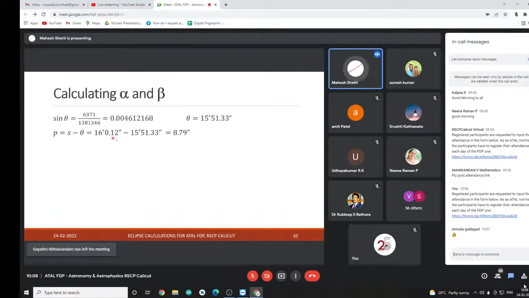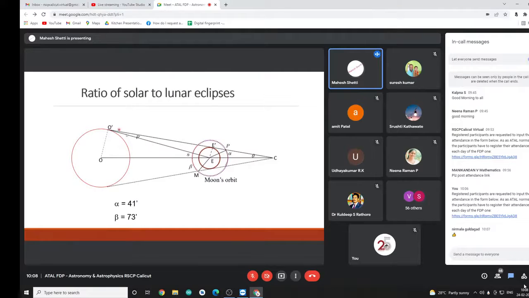We have calculated the value of S. We have calculated the value of theta over here. That gives us the value of P. It is approximately 8.8 arc seconds. Now this 8.8 arc second is also called the equatorial parallax of the sun.